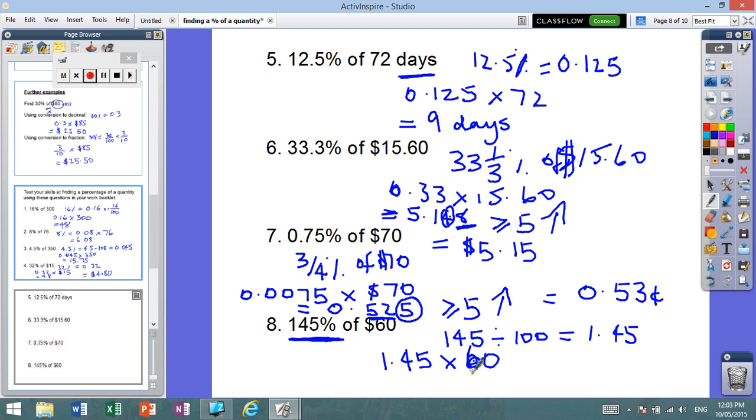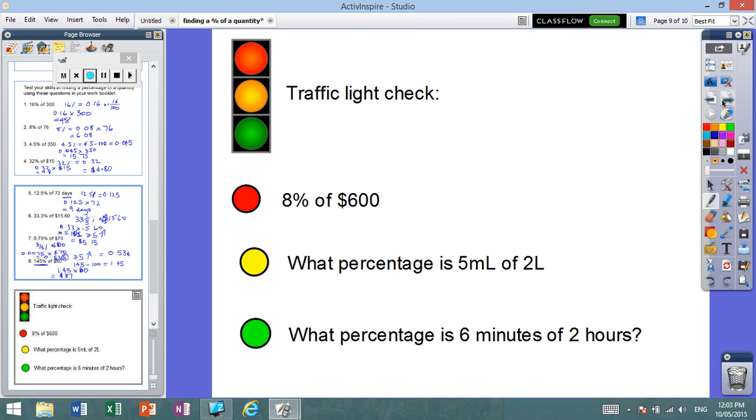Punch it into your calculator, and we get more than $60, which we should, because it's 145% of $60, and we get $87. So hopefully you've done well with that. If you haven't, come and see me in class tomorrow.